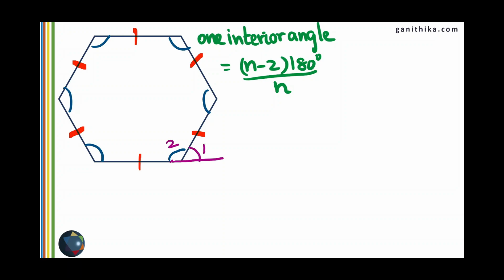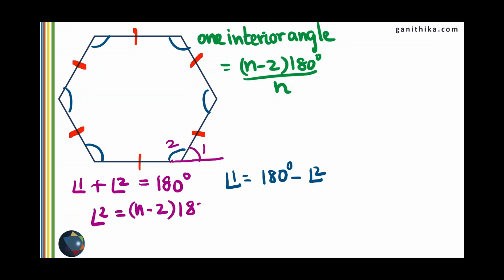What about the exterior angles? You can see that angle 1 is an exterior angle and angle 2 is its interior angle. So, angle 1 plus angle 2 will be equal to 180 degrees because it's a straight angle. Therefore, we can make angle 1 equal to 180 minus angle 2. Also, angle 2 is an interior angle.